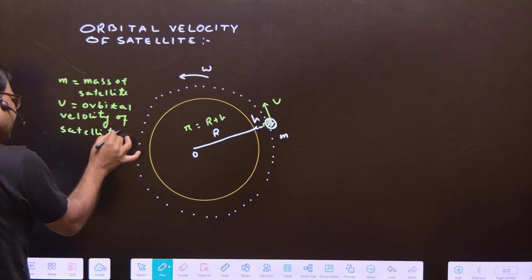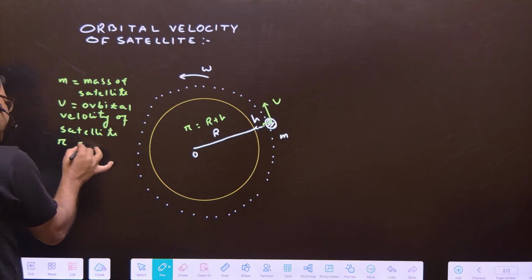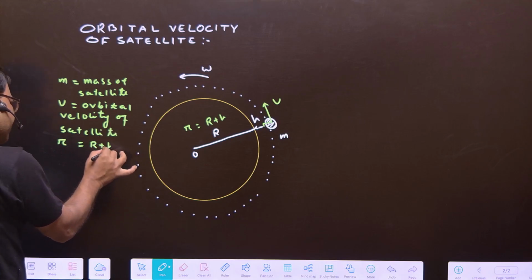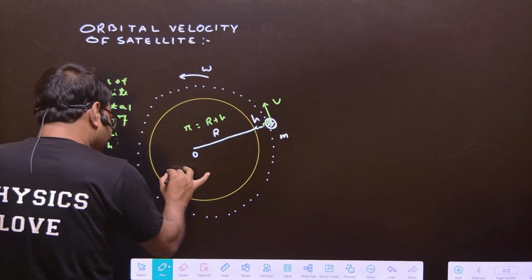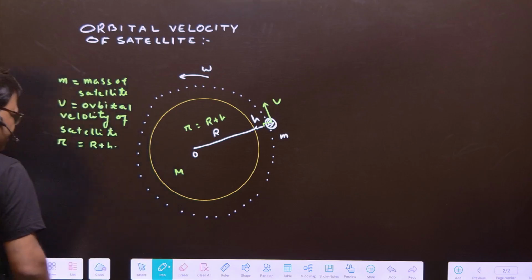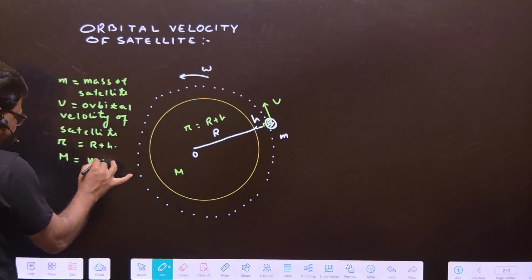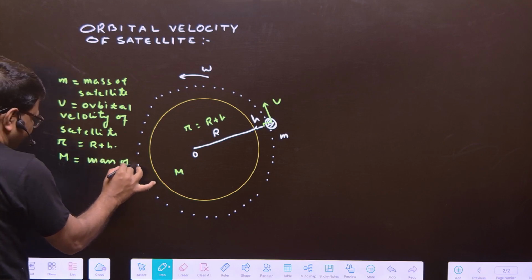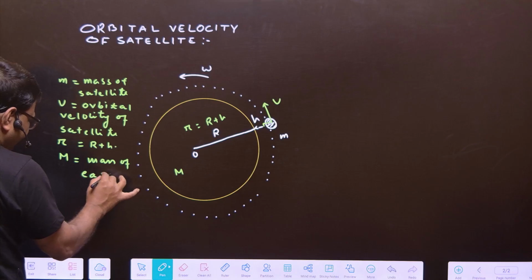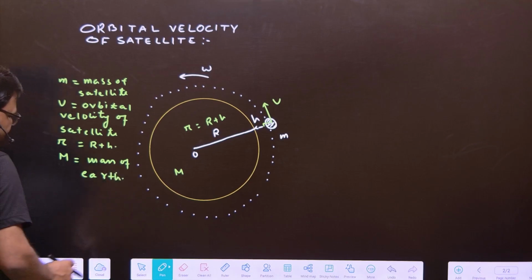Clear? And small r is equal to R plus h, as shown in the figure. And here capital M means the mass of the earth. Capital M is equal to the mass of earth. Okay, am I clear?